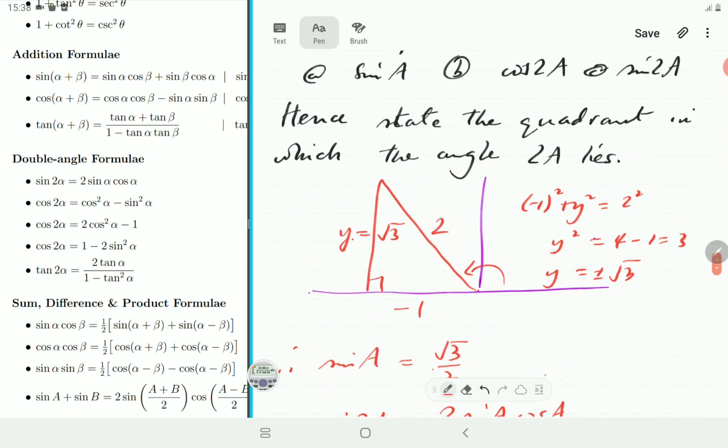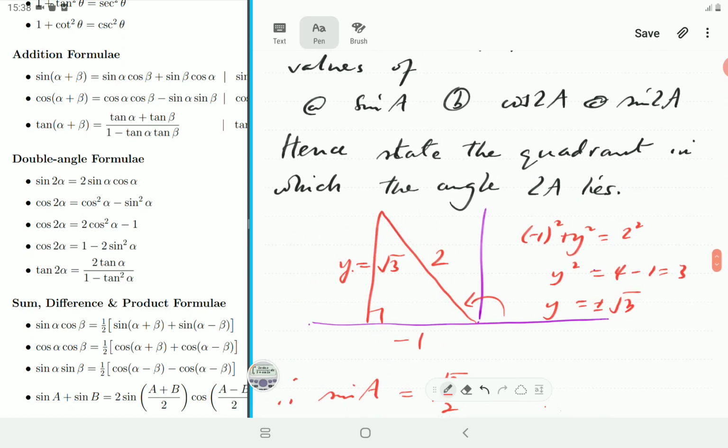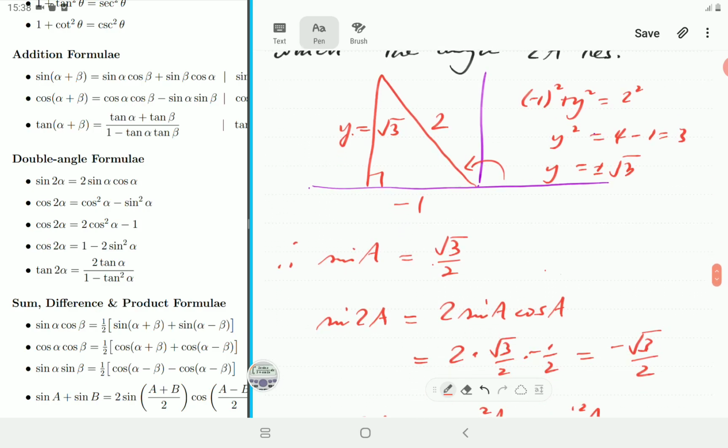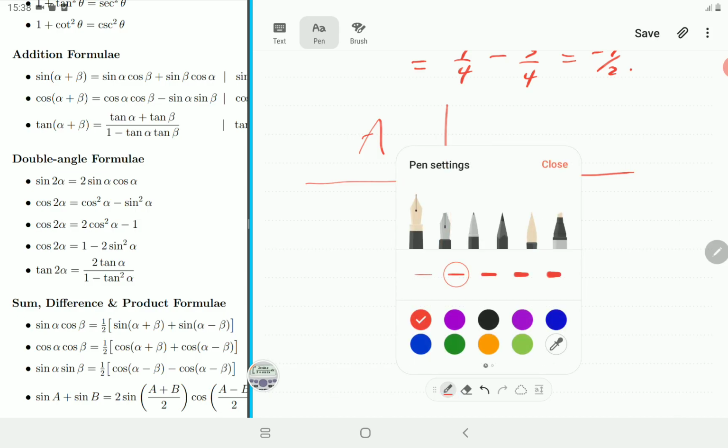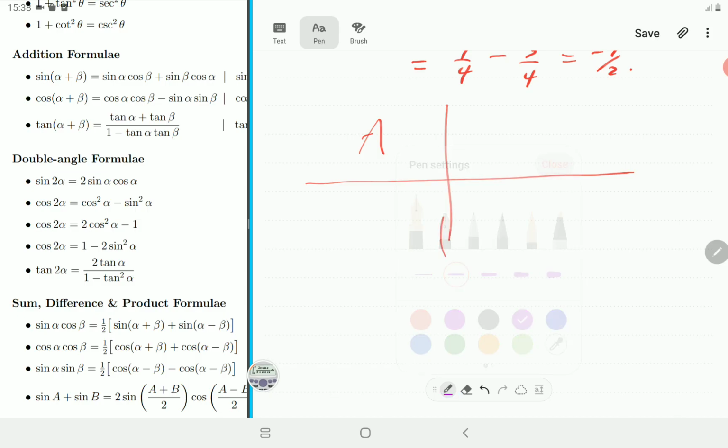Then the last bit of the question, we need to say in which quadrant the angle 2A lies. Now, notice that if we have an angle in the second quadrant, so if A is here, then the smallest that A could be is 90, and 2 times 90 is 180.